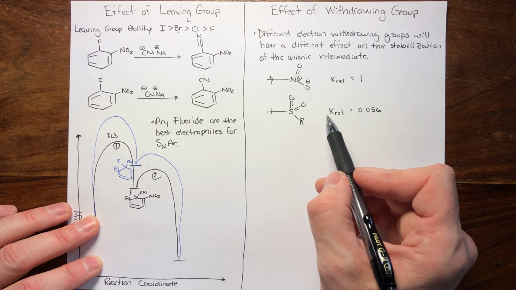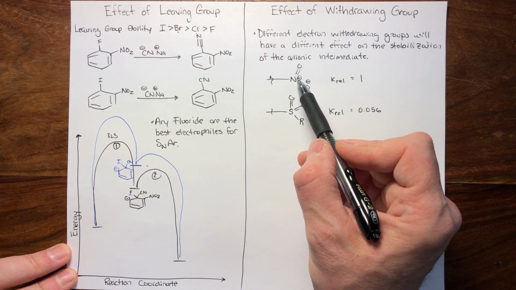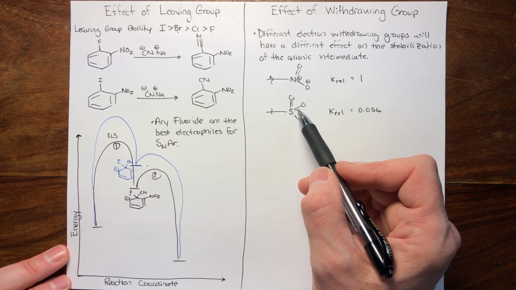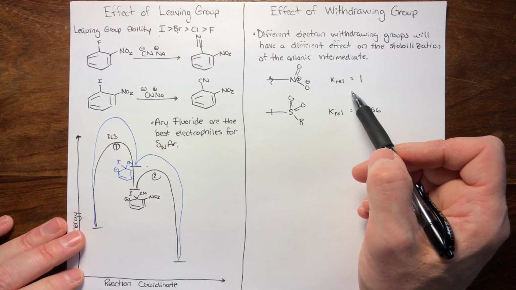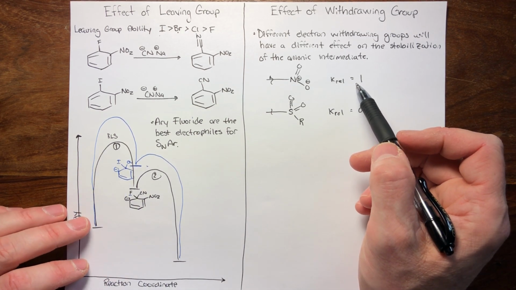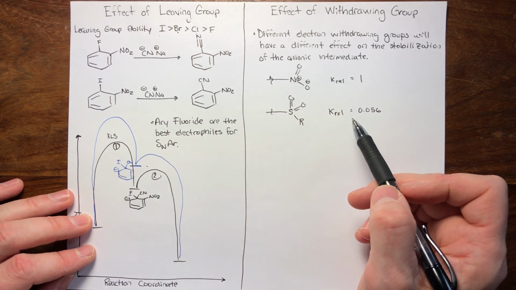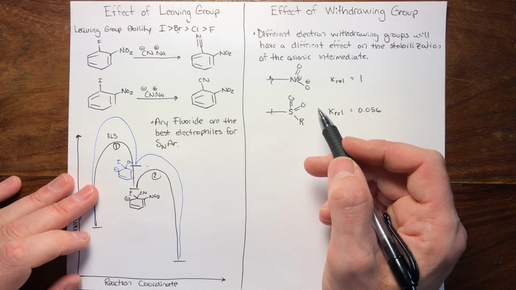So if we compare a benzene ring with a nitro group on it to a benzene ring with a sulfonyl group on it, the nitro group will be approximately 18 to 20 times faster. The addition of a nucleophile to this electrophile will be 18 to 20 times faster than having this electron withdrawing group.